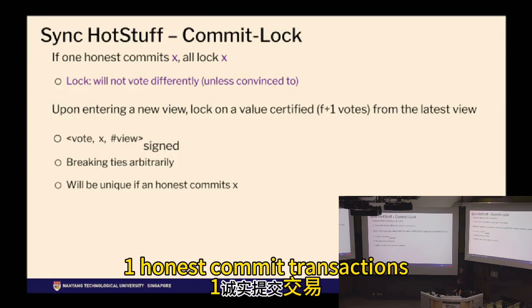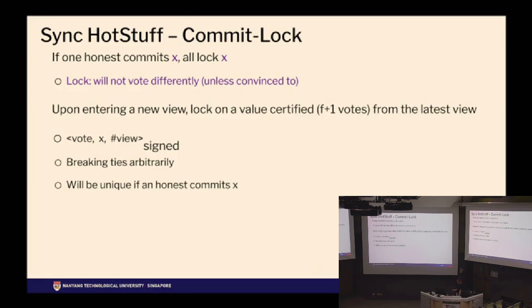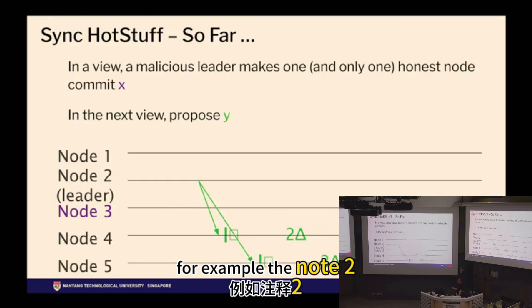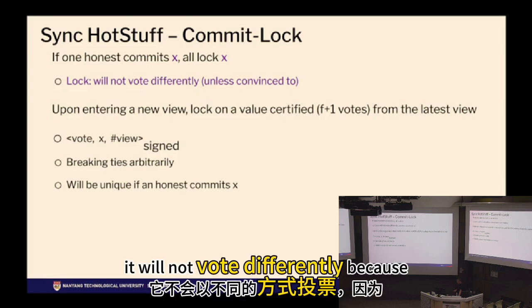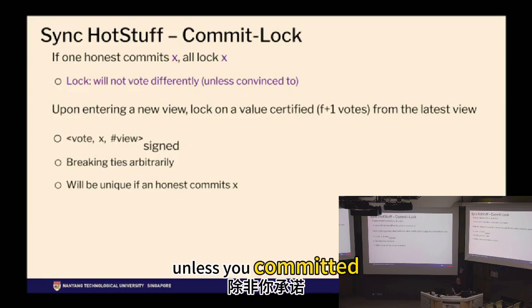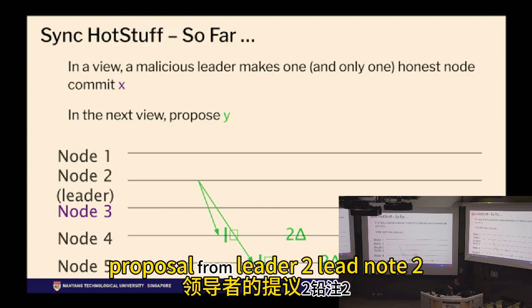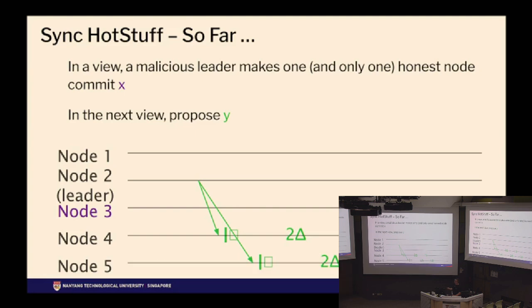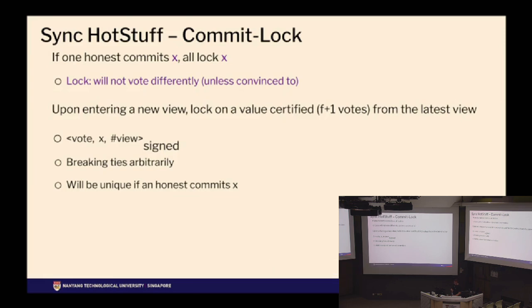If one honest node commits a transaction, all the nodes are locked on that, for example node 2. It will not vote differently, because unless you are convinced this is a valid proposal from leader node 2, you are not able to unlock the vote.